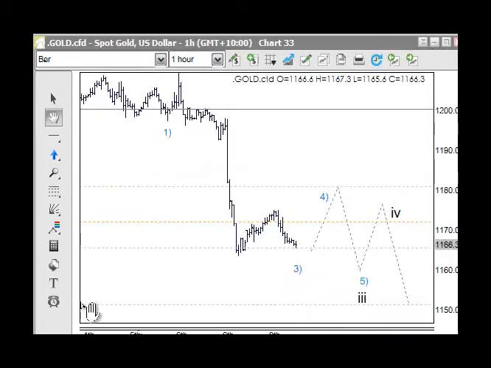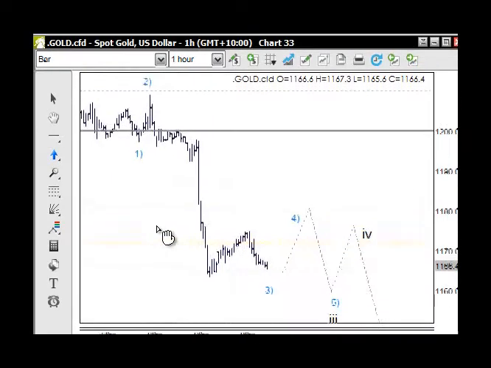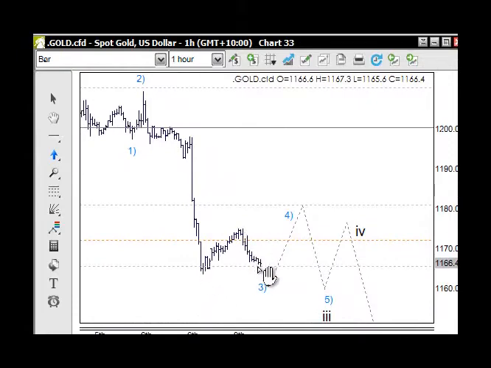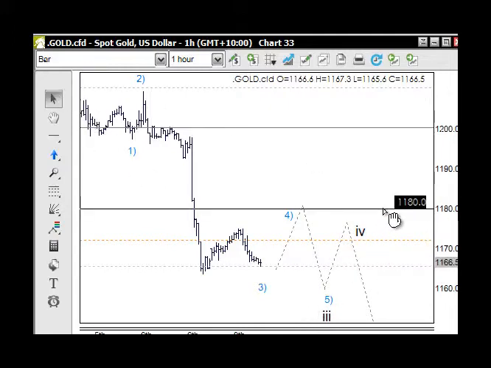Drilling in here, I've mapped it out like this, in terms of a little A, B and C for wave 4, pulling back to the 38.2 retracement level, then wave 5 down. Essentially we're looking for this group to become the resistance.